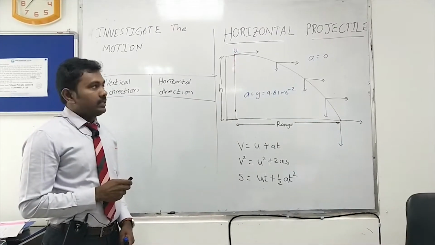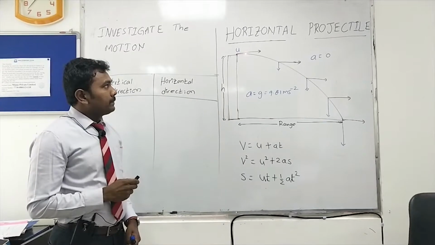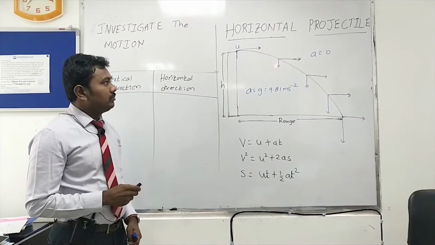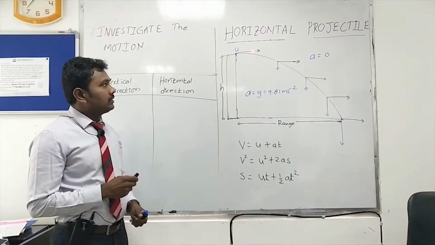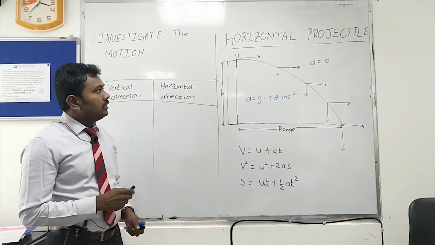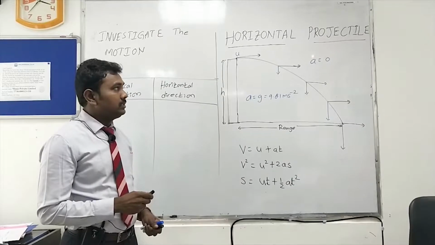Since velocity is a vector quantity, I can resolve it into horizontal and vertical components. The horizontal component of velocity is always constant, because in the horizontal direction the acceleration of the projectile is 0.